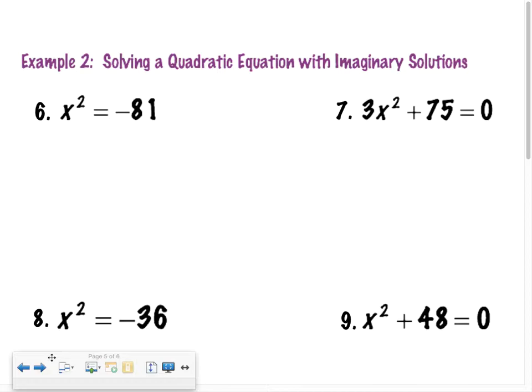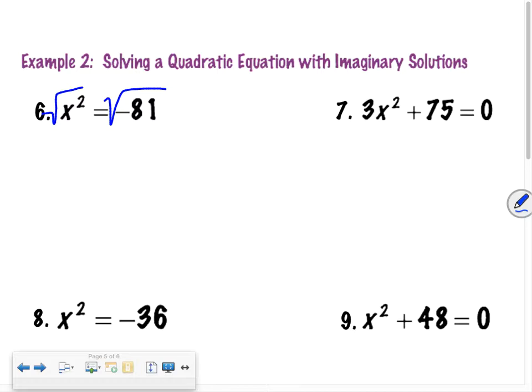So we essentially want to undo the x squared by taking the square root of both sides, because the square root of x squared is x. So on number 6, what we would do is write the square root of both sides.